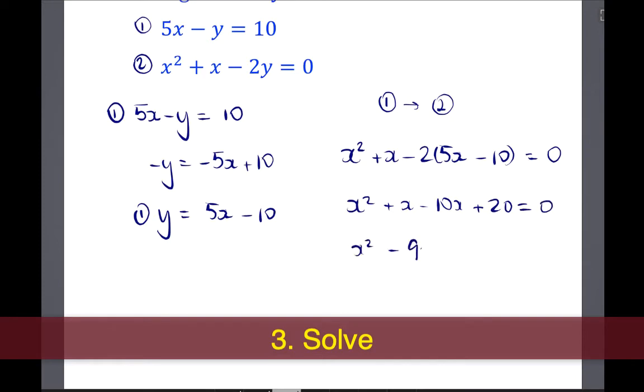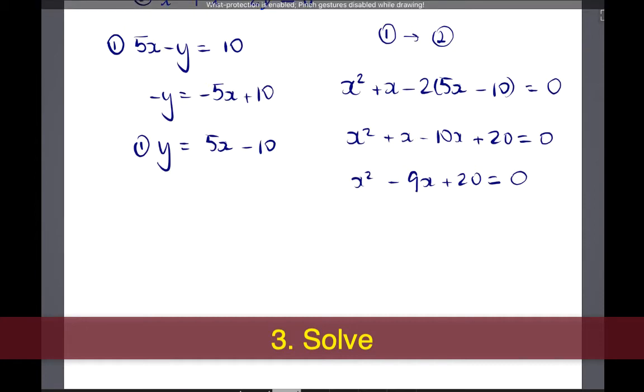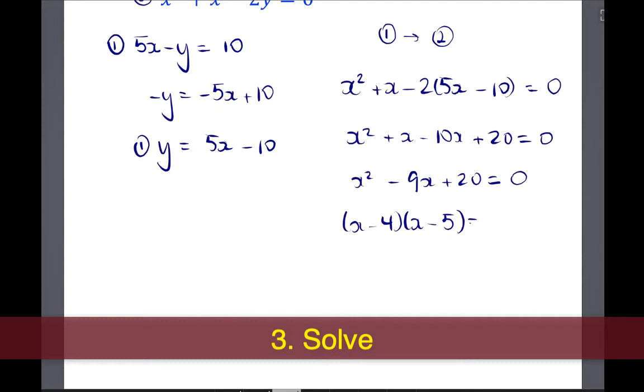X squared minus 9x plus 20 equals 0. Joy of joy, we get to factor this. So we know that we end up with x minus 4, x minus 5 equals 0, which means that x equals 4 and x equals 5.